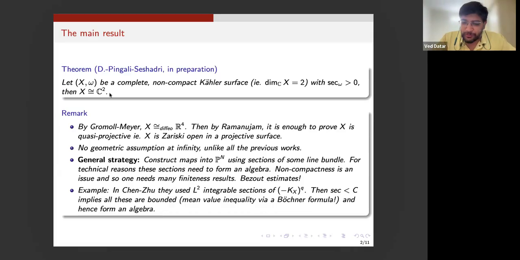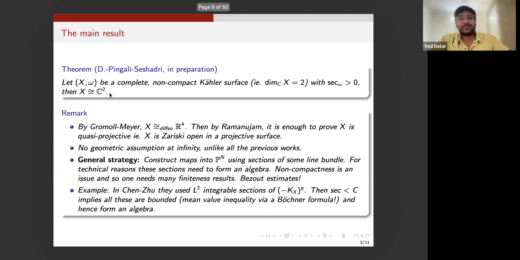Now, in general, of course, if you multiply LP functions and LQ functions together, or multiply L2 functions together, they need not give an L2 function. So it's not clear if you just use L2 functions whether you get an algebra or not.